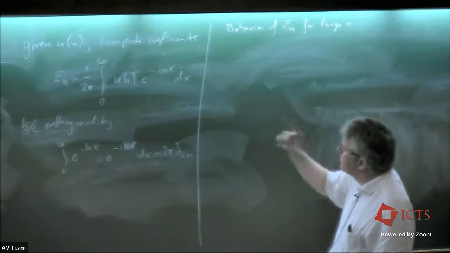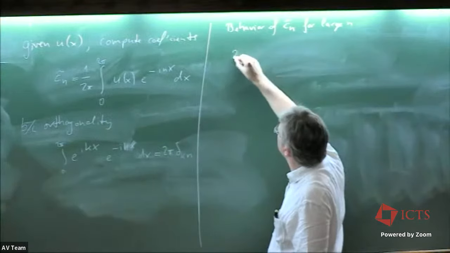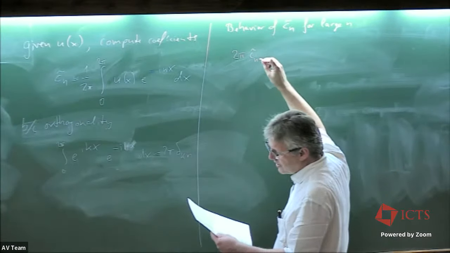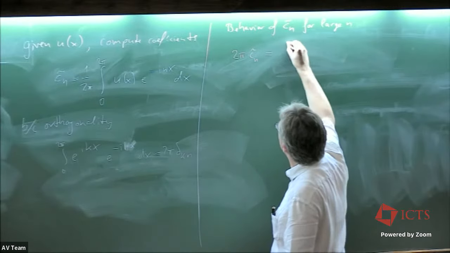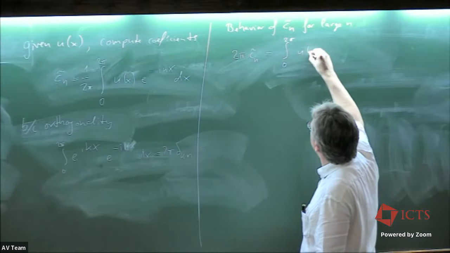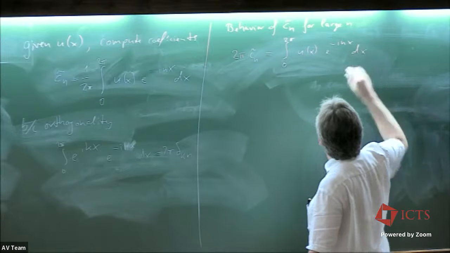Let's start again with this equation here. And I'm putting the 2 pi on the left-hand side, simply to have a little bit less to write on the right-hand side. So we have u of x times e to the minus inx dx.